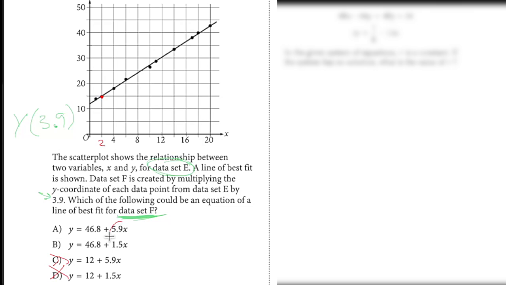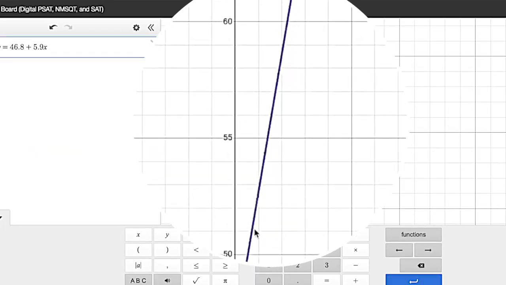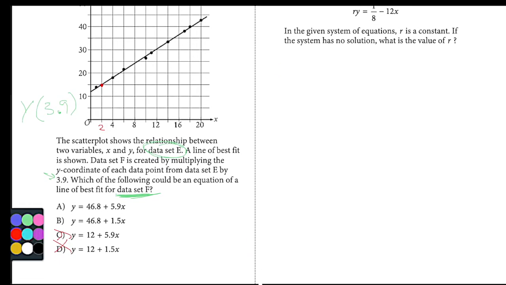And these are pretty different, so I think we're okay guesstimating here. So we're looking for something close to 60 at the 2 mark. All right, so I can already see it here. We have 1, 2, and it's getting close to 60. It's up to 59, pretty much. So that's our answer. A.